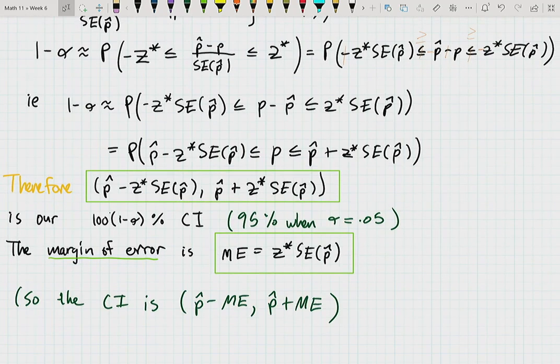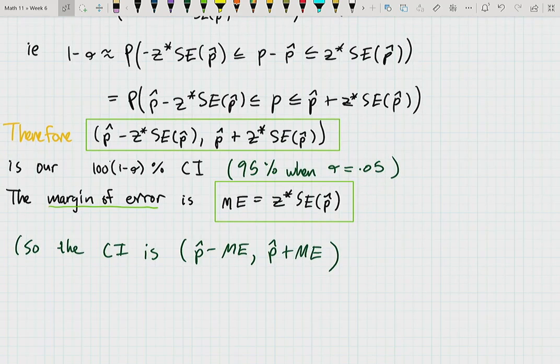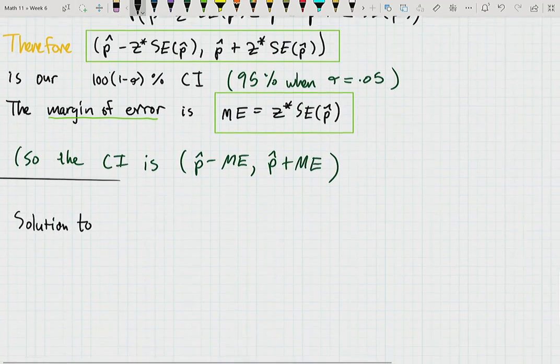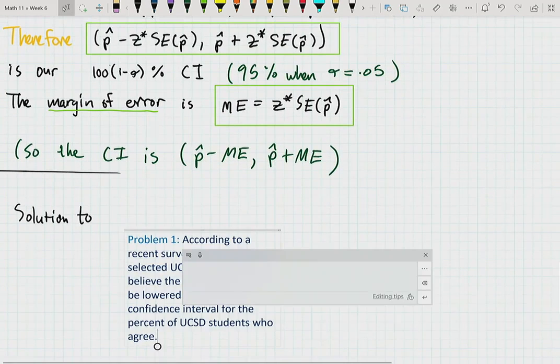Okay, so let's solve that problem that I gave you at the beginning of class. Solution to, okay, what the heck was that problem? This one.